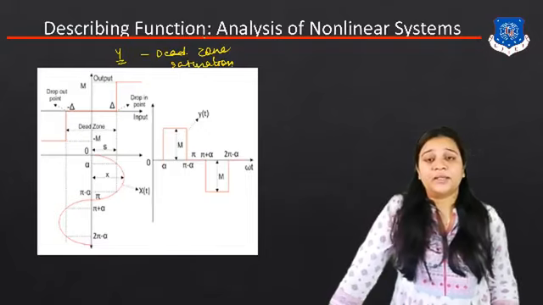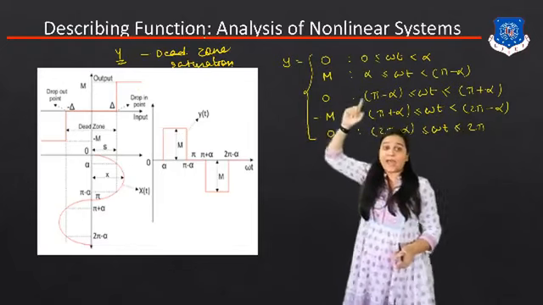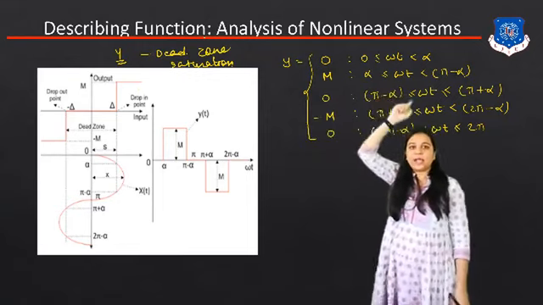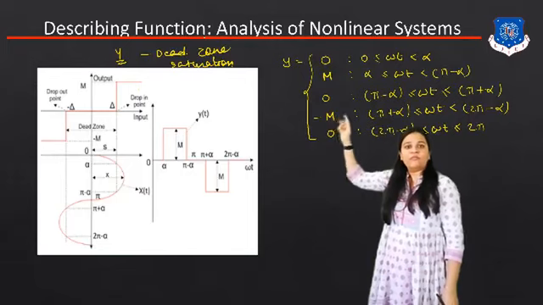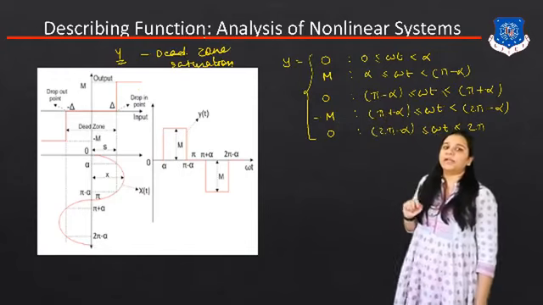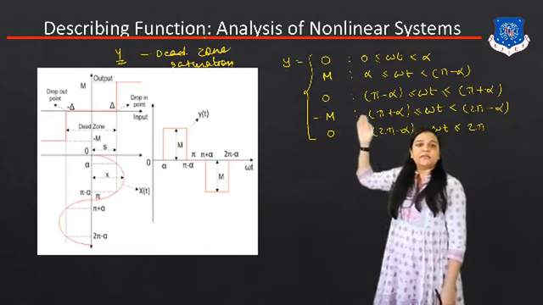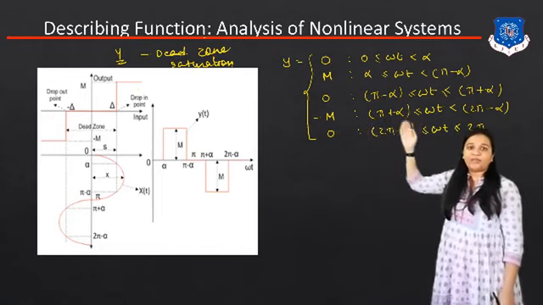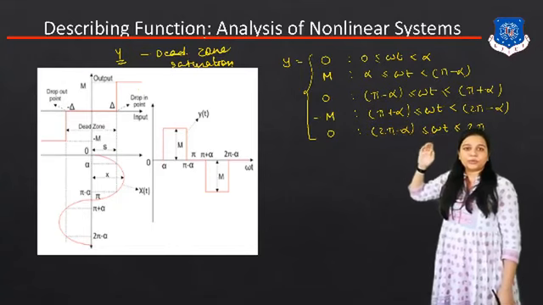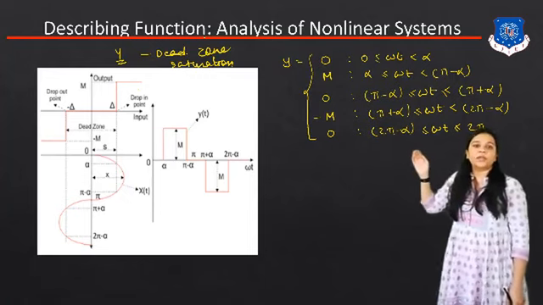So here you can see that they give different conditions for y. y is equal to 0 where ωt varies from 0 less than or equal to ωt less than α. We get y equal to M where ωt varies from α less than or equal to ωt less than π minus α. y will become 0 where π minus α is less than or equal to ωt less than or equal to π plus α. y is minus M where π plus α is less than or equal to ωt less than 2π minus α, and y is equal to 0 where 2π minus α is less than or equal to ωt less than 2π.